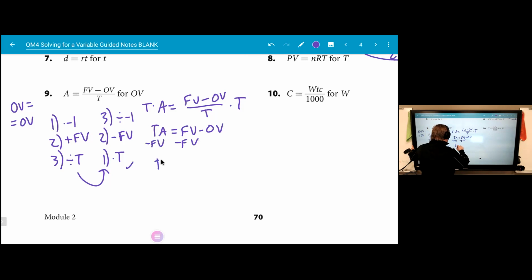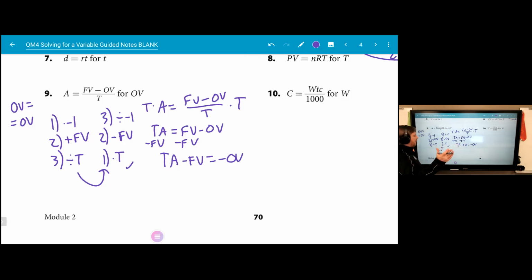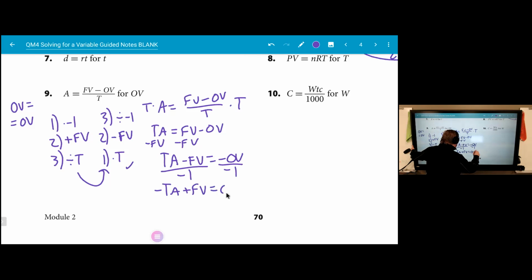So TA minus FV equals negative OV, but we don't want negative OV. So we're going to divide or multiply both sides by -1. When you divide or multiply by -1, you're just changing the sign. This becomes negative TA plus FV equals OV.